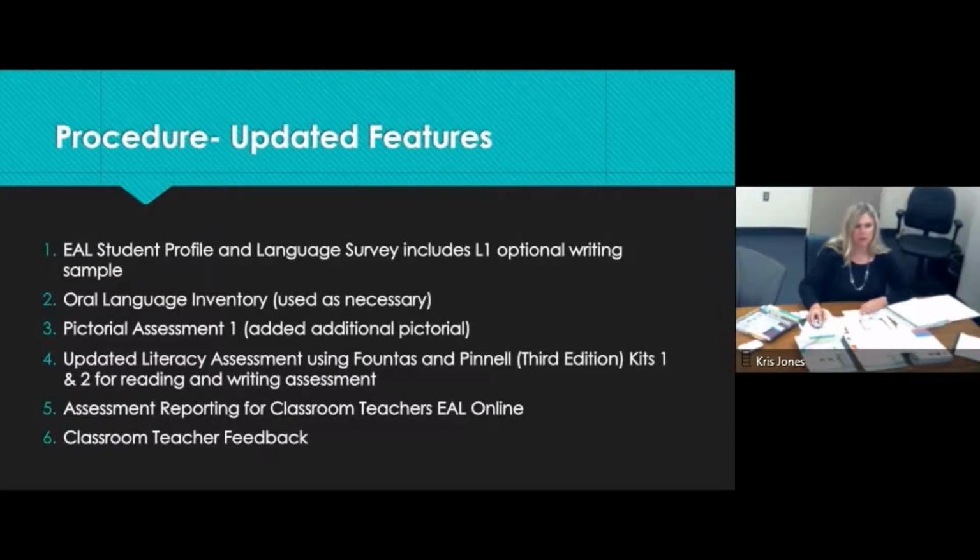So we're already finishing number 1. I want to go into number 2 here, where it talks about the oral language inventory, which says used as necessary. If you have the language profile background, you have completed an L1 assessment, and you feel it's necessary to start with the oral language inventory of individual words, you can do so.